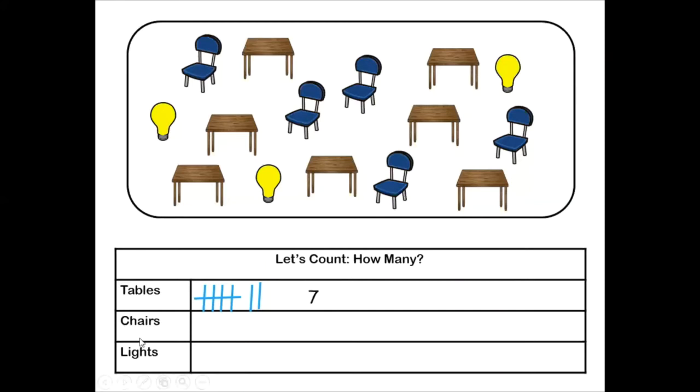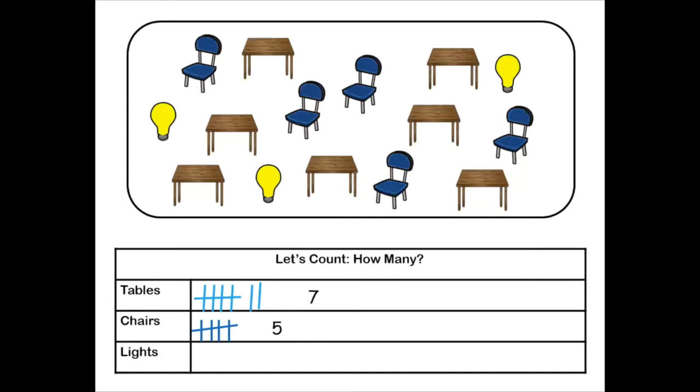All right, how many chairs? Take a moment to count. All right, let's see how many you got. 1, 2, 3, 4, 5. There are only 5 chairs. 5 tally marks. What should go right here? If instead of tally marks, we can write the number 5.